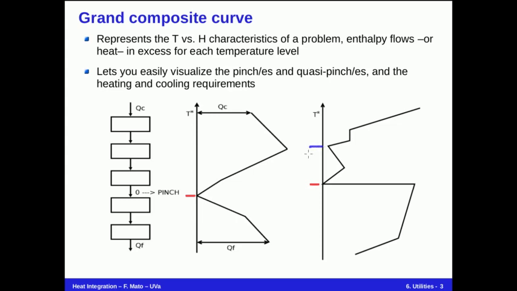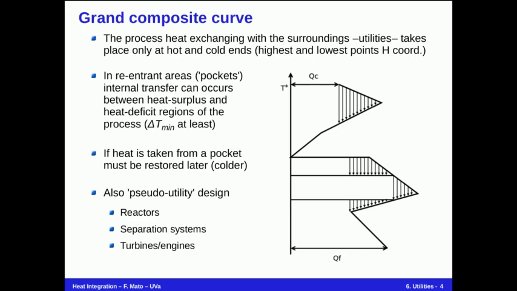It is when the heat flow down the problem is zero or near zero, as well as the heating or cooling requirement at each temperature level of the problem. The heat exchange of the process with the surroundings, that is, the use of utilities, takes place only at the hot and cold end of the problem in temperature.